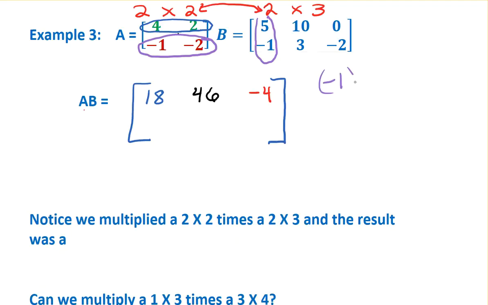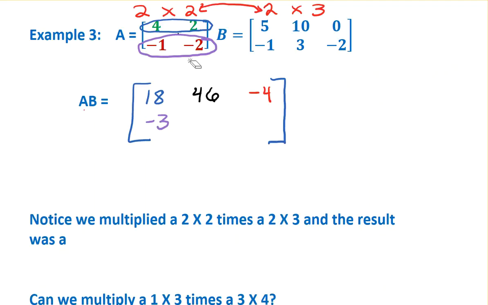So negative 1 times 5 and negative 2 times negative 1. And then we're just adding up our answer. So we've got a negative 5 and a positive 2. So negative 3. And you'll excuse me if while I'm talking and recording here, I make an arithmetic mistake, you can correct that for me.